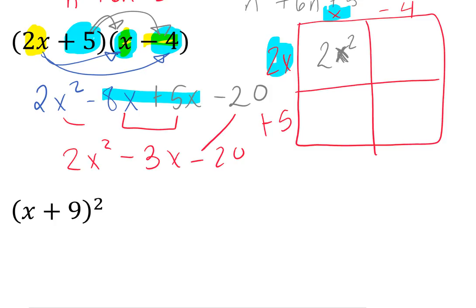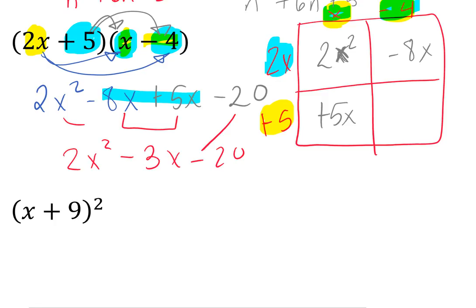Okay, then we have 2x times 4. So we get minus 8x. Then we have plus 5 times x. That's plus 5x. And then we have plus 5 times negative 4. So we get negative 20.